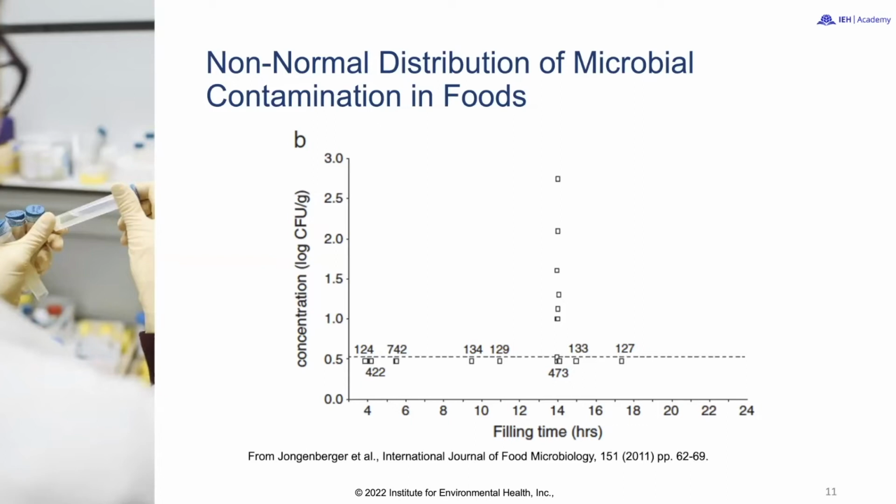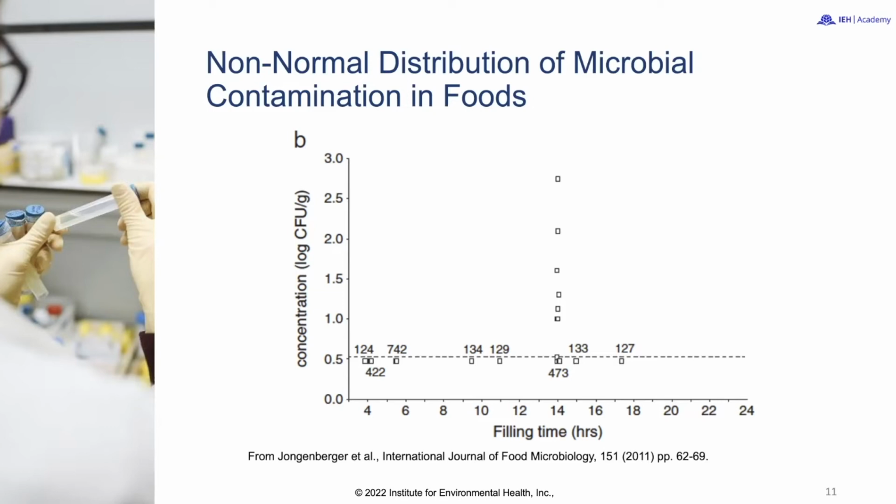So they went through and sampled virtually every minute. They took thousands of samples, and they did both presence-absence testing and quantitative testing. And of course, they were able to record the time stamp of when the product was filled.